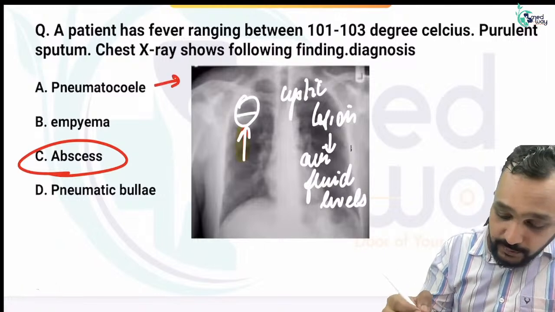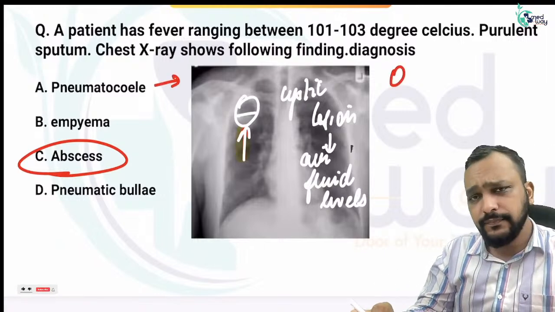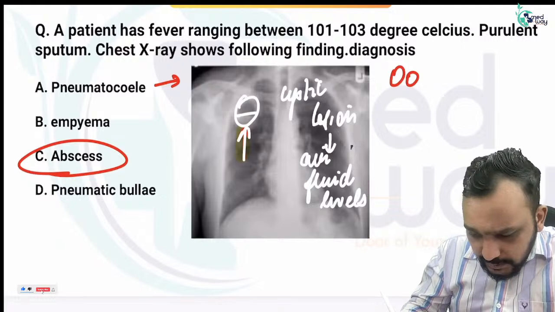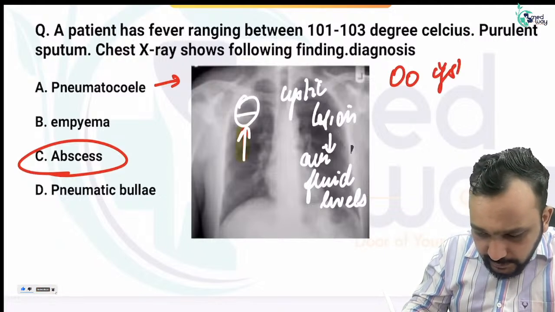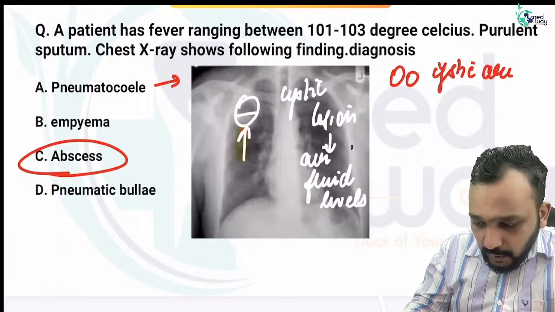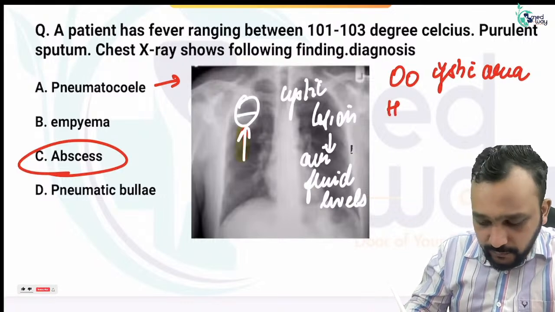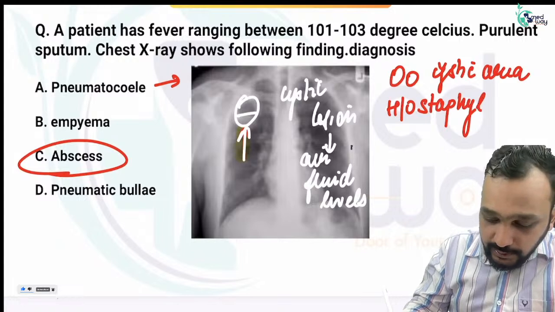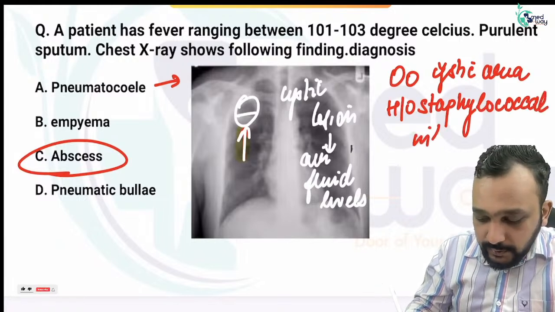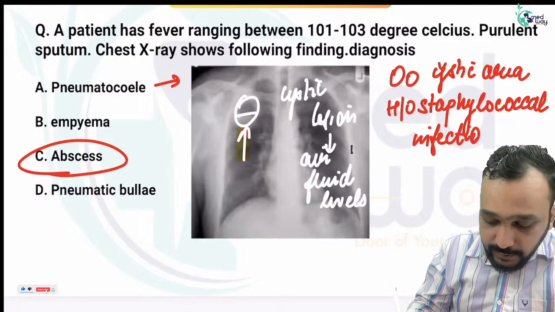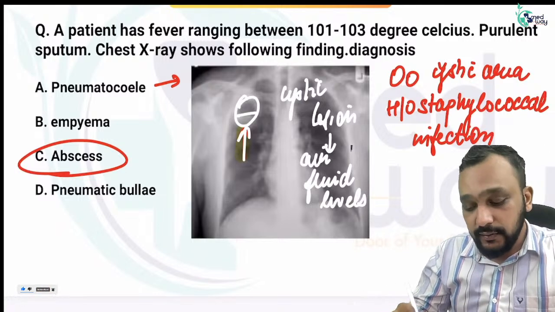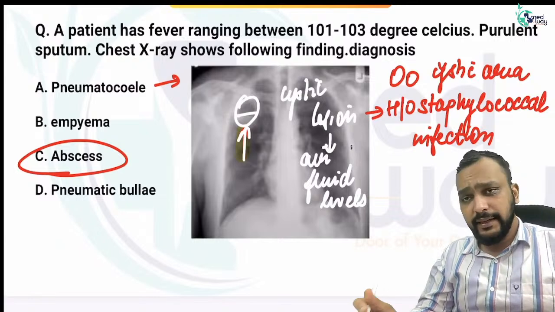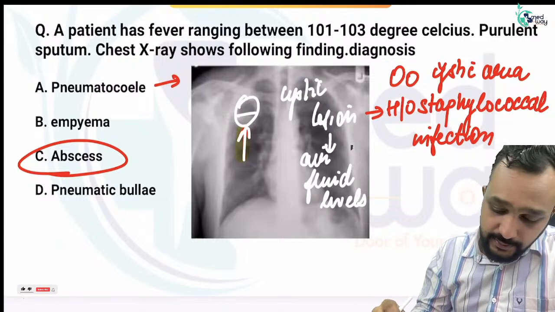Pneumatocele, guys, you will see cystic areas within the lung, and along with that you will have a history of association with staphylococcal infection. You will see a pneumatocele formation, so they can ask you the causative organism when they show you a pneumatocele.